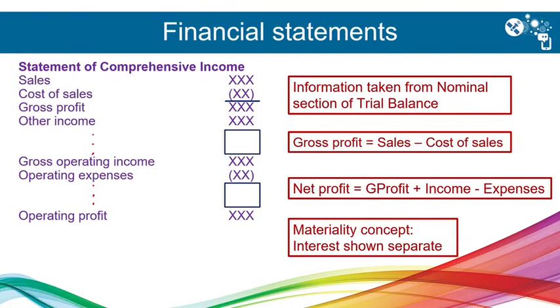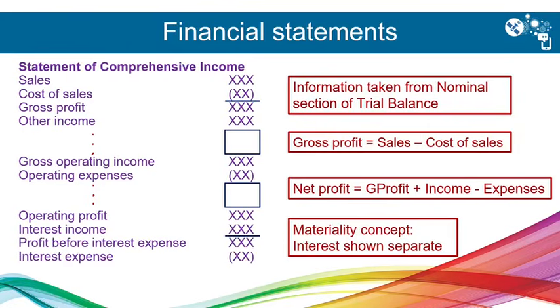But in the statement of comprehensive income, we just show the interest income separately. We get the net profit before interest expense, we subtract interest expense, and then we get the net profit for the year. So I hope this will help you in memorizing the format of your statement of comprehensive income.